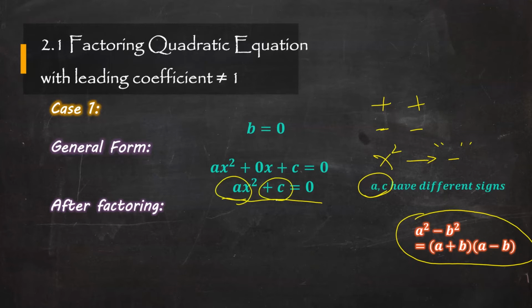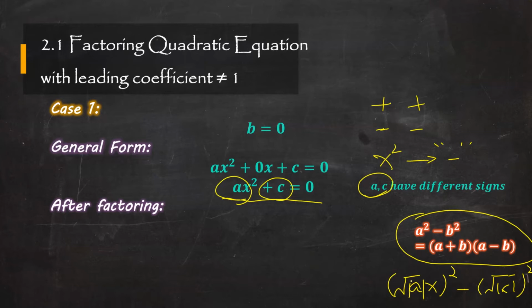The first term can be the square root of a times x, the whole thing squared. And the other one is going to be the square root of the absolute value of c, squared. Oh, I'm sorry, here has to be an absolute value as well.